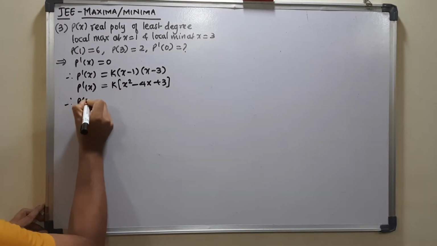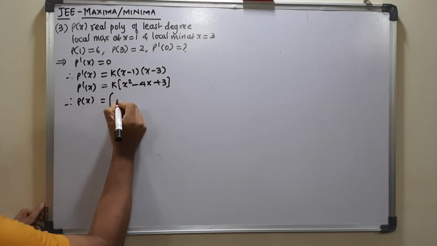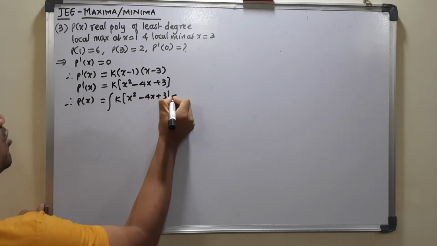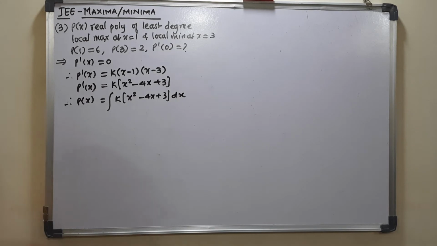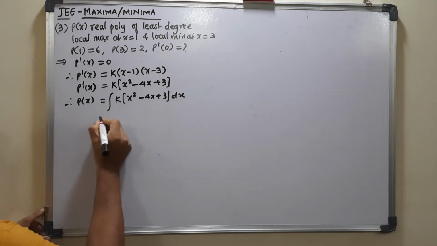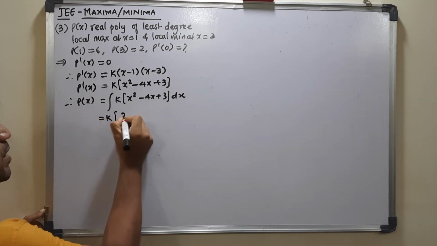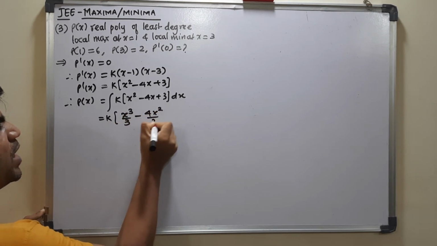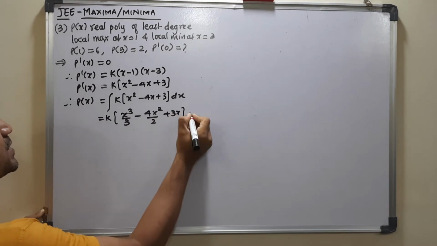So p of x is equal to the integration of k into x square minus 4x plus 3 with respect to x. So this k let it be outside. This will be x cube by 3 minus 4 x square by 2 plus 3x plus c.